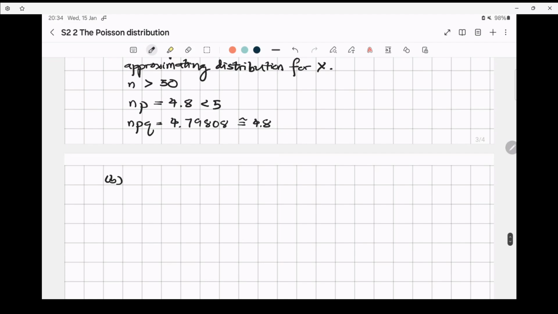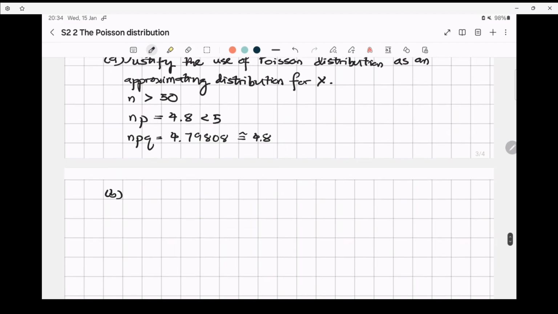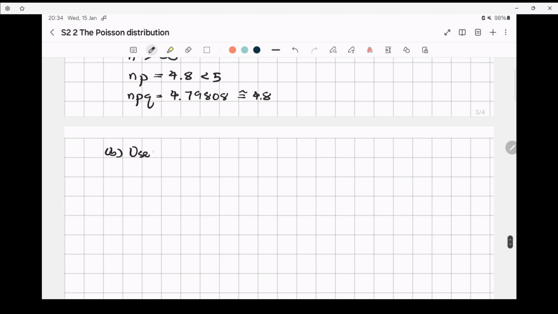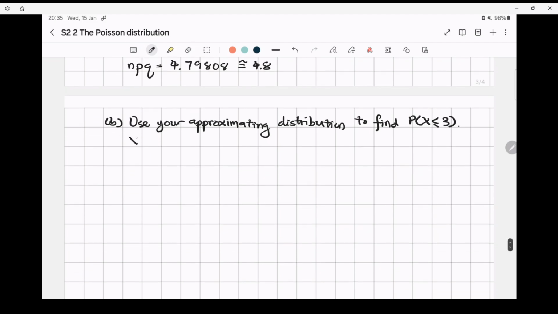Okay, so use your approximating distribution to find P(X smaller or equal to 3). So originally this is binomially distributed.